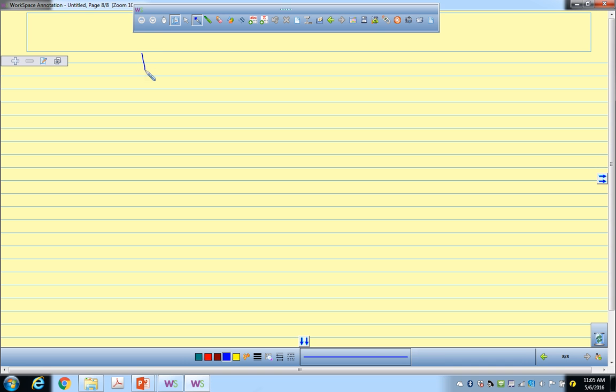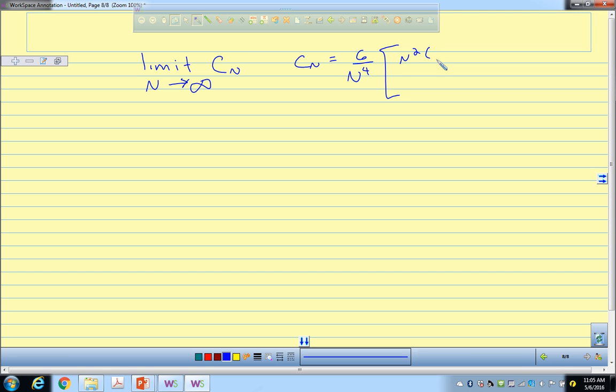Find the limit as n goes to infinity of C sub n, if C sub n is equal to 6 over n to the 4th, big bracket, n squared, n plus 1 squared over 4. And you go, oh my God, what is that?